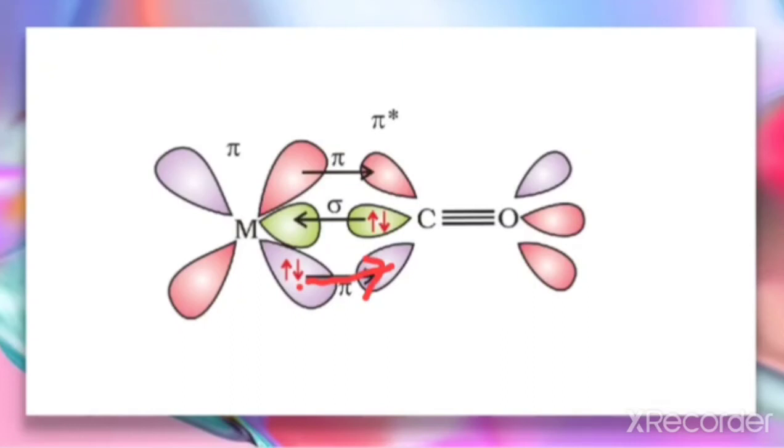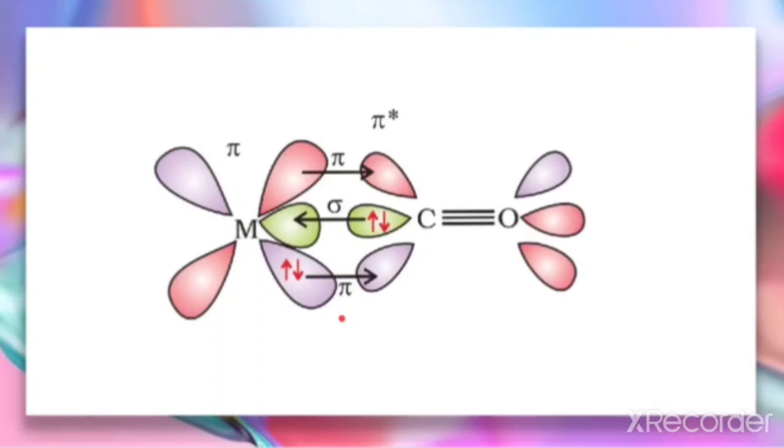So this is actually the empty antibonding molecular orbital of carbon monoxide. So here there is a donation of electron from the metal to the ligand, and also a donation of electron from the ligand to the metal. This type of bonding is called back bonding, or back donation. So this results in the pi bonding.